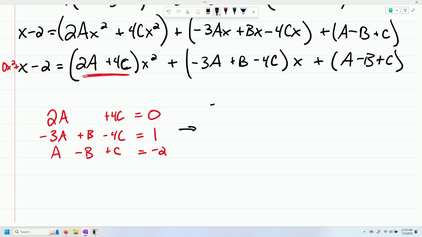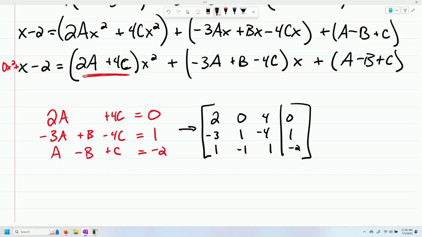Therefore, our augmented matrix will look like 2, 0, 4, 0 for the first row, negative 3, 1, negative 4, 1 for the second row, and 1, negative 1, 1, negative 2 for our third row.